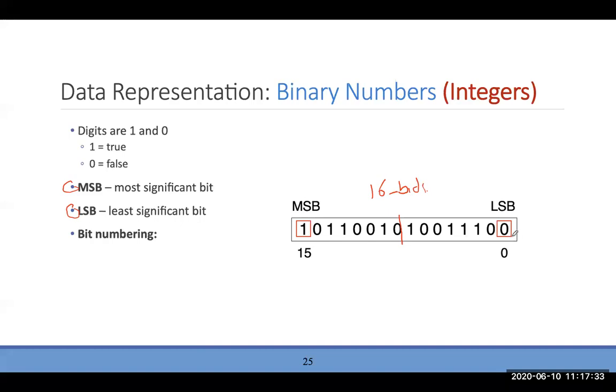This is very important for shifting, and the other is very important for the sign. And these are the bit numbering. You start numbering from right to left. This is very important. I know English is your first language, and you do things left to right. So you have to change this habit, because in Intel we're going to go right to left all the time. So keep that in mind, please.